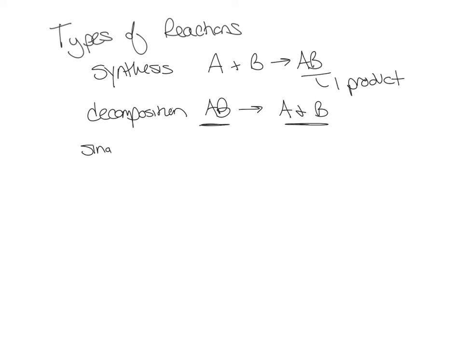Single replacement, which we'll spend more time on in a little bit, is going to be A plus BC. Now, A is alone. That means it's an element. And it's going to take the place of either B or C, depending on if it's a metal or a non-metal, and you can determine that by table J. If A is above B on table J, then it can replace it.